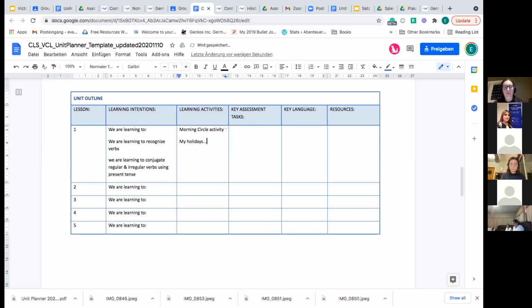That's where they have to use past tense to speak about what they did during the holidays, and then the teacher models target language. So myself as the teacher, I would go first and model what I did during the holidays. And then we go to the next activity. And that could be, for example, introducing verbs.